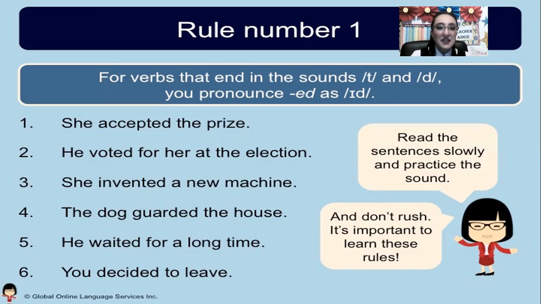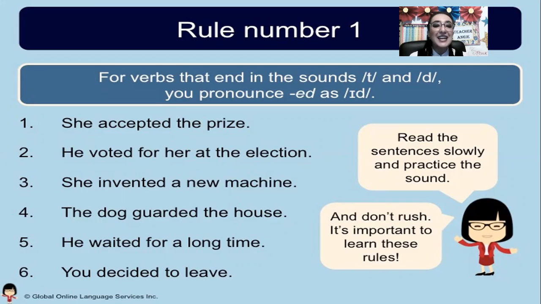Okay: she accepted a prize. He voted for her at the election. She invented a new machine. The dog guarded the house. He waited a long time.